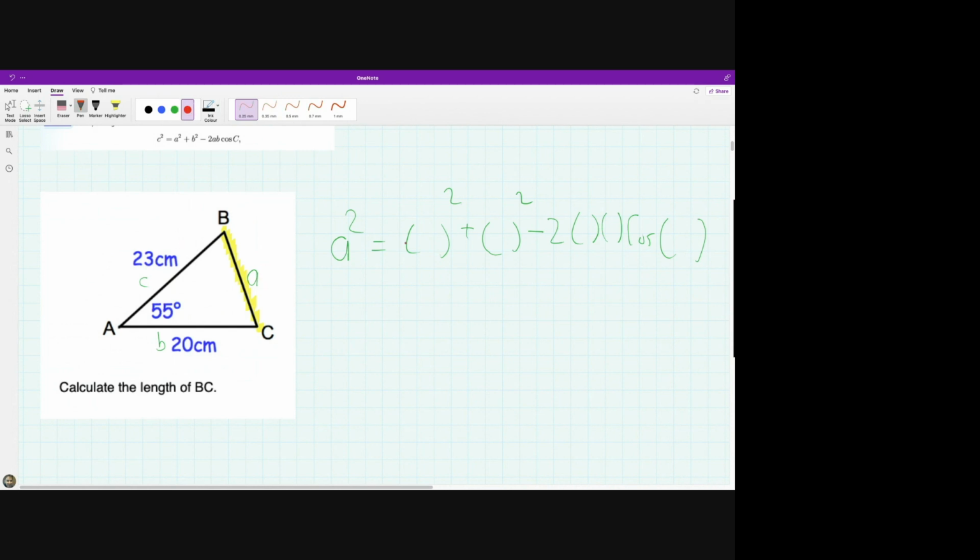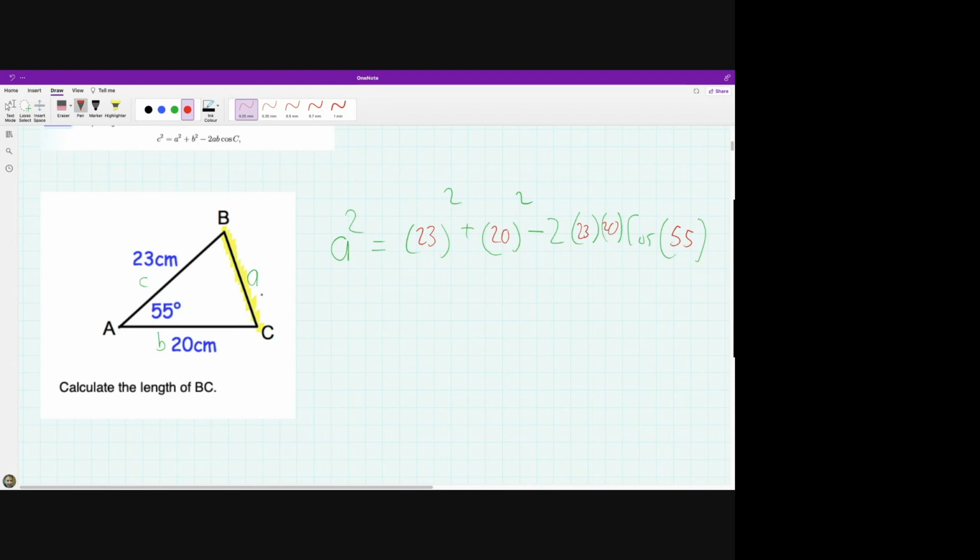What are the other two? Well, they go here and they go here, almost like Pythagoras. Then those two sides will also go over here. And then at the end will be the angle between the two known sides, so that will be the cos of 55.